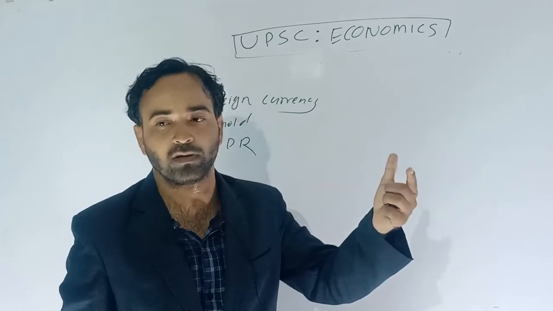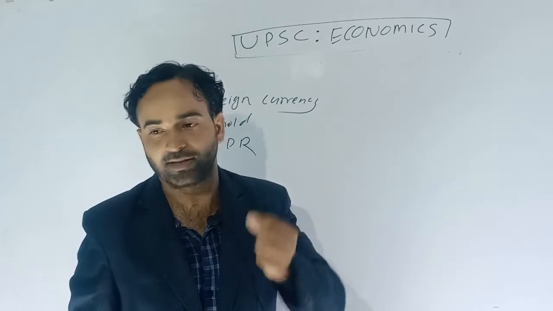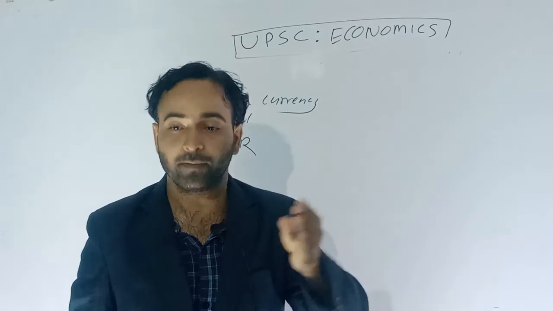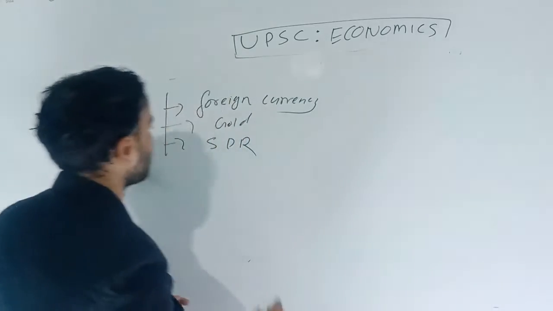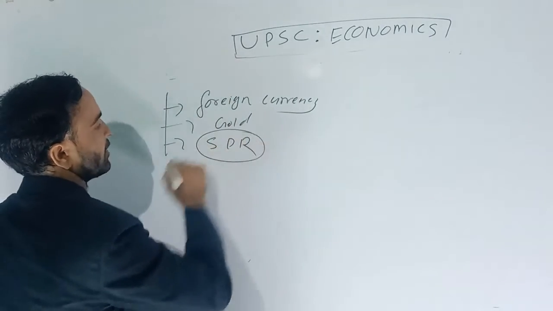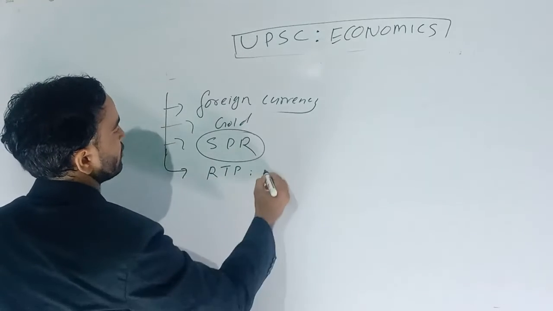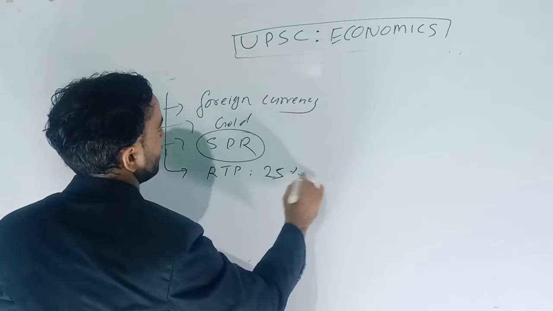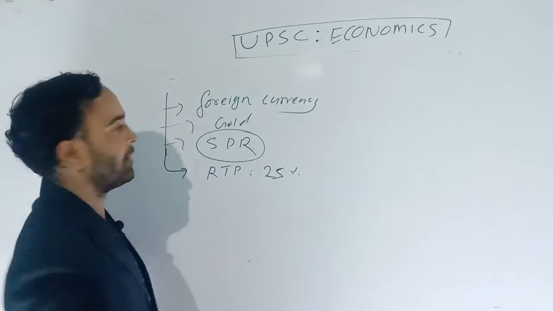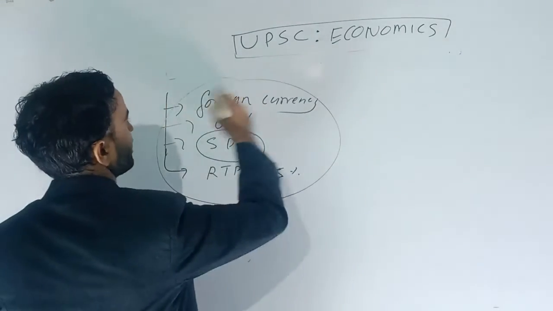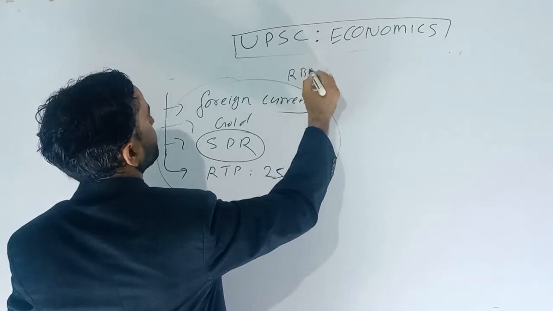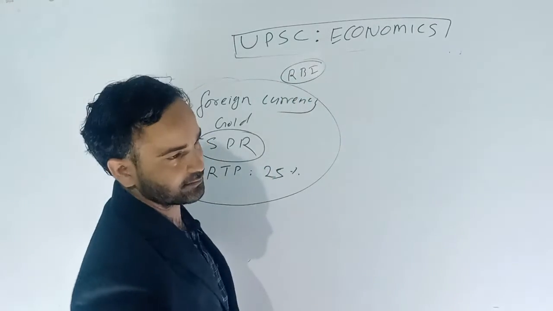If I give my purse to the shopkeeper, they will not give anything; they will beat me. SDR is just a basket of currency. And the reserve tranche position: you can withdraw 25% of the IMF quota anytime. All these things are maintained by RBI.